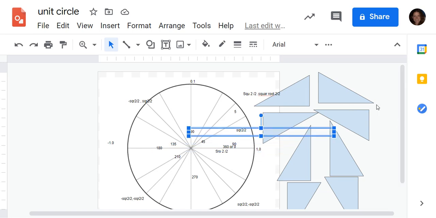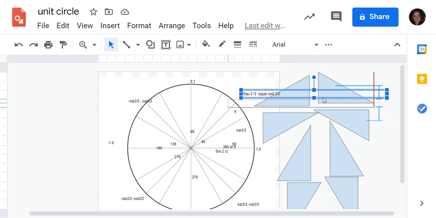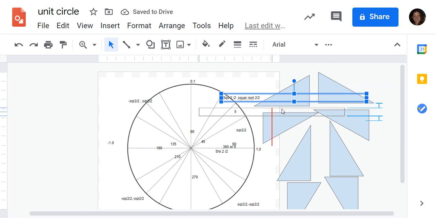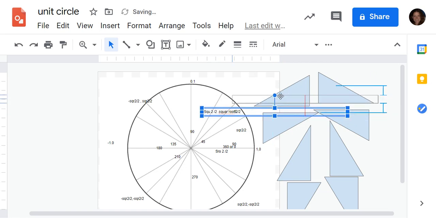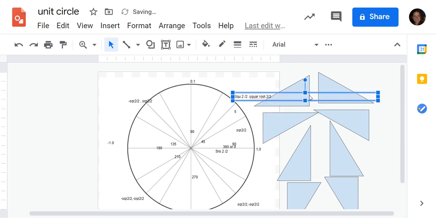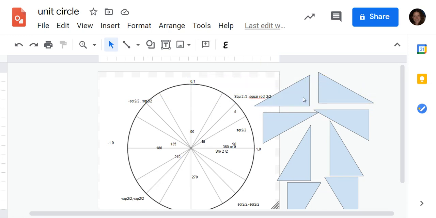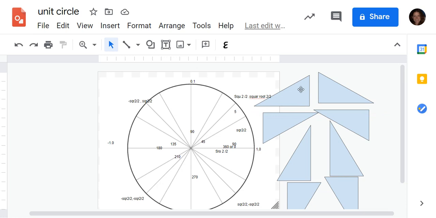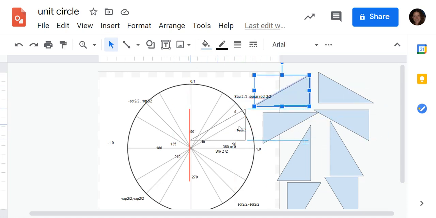And then we're going to put the 30, 60, 90 in. So then we take this triangle right here, square root 2 over 2 right there. This is harder than it should be. There's too many things on this page. There we go. 30, 60, 90 triangle right here.